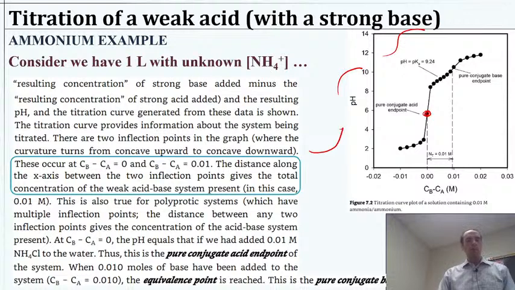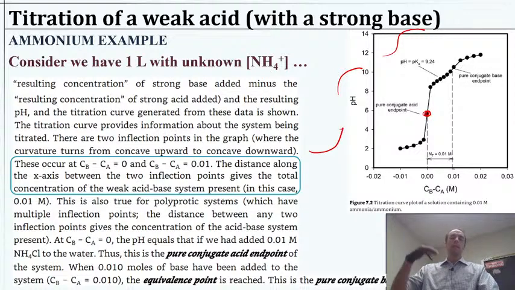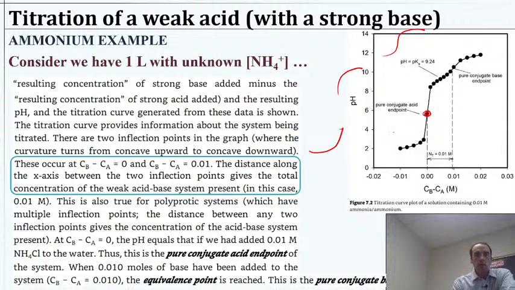And if we start measuring from there to the next point, we might call these a pure conjugate acid endpoint and a pure conjugate base endpoint. That should be the NaA equivalence point. Okay, so if we measure, it occurs there, at 0.01 molar concentration added.